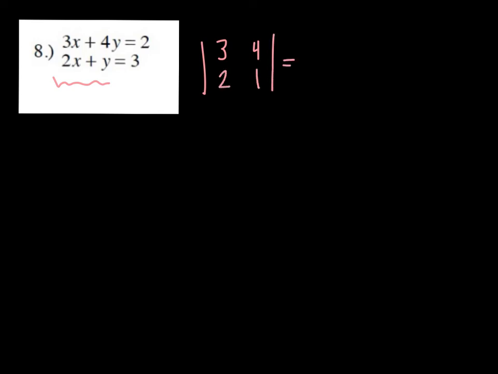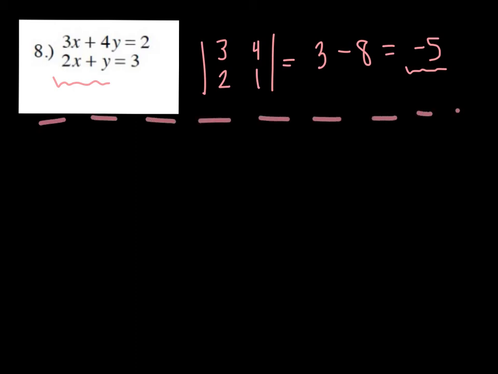The determinant will be 3 times 1, which is 3, minus 2 times 4, which is 8. So our determinant is negative 5. Okay, good, wonderful. Now that we have our determinant with our variables, we can actually solve for our variables.